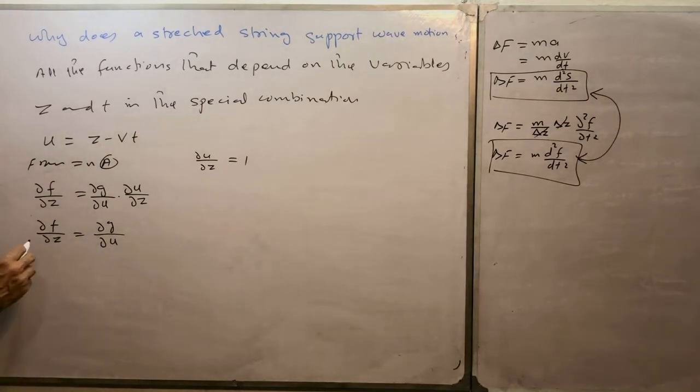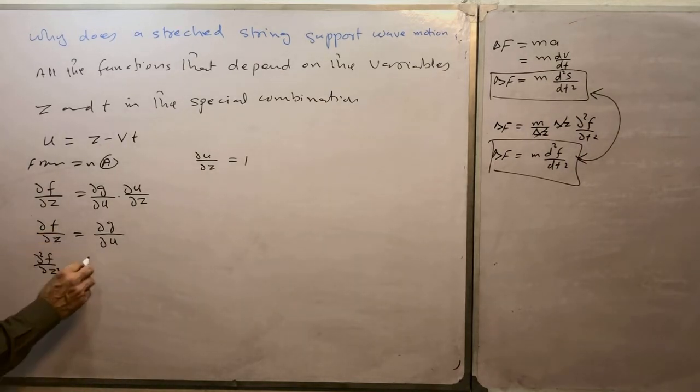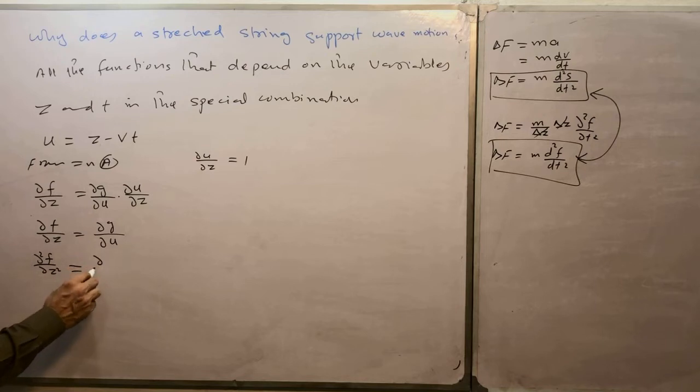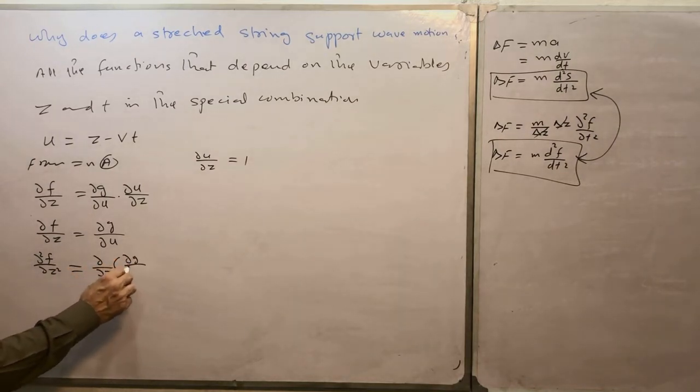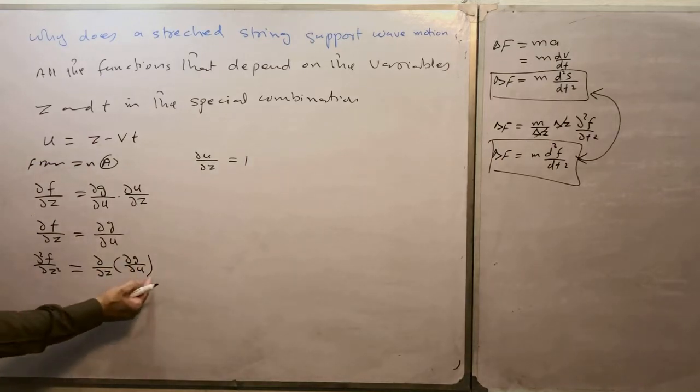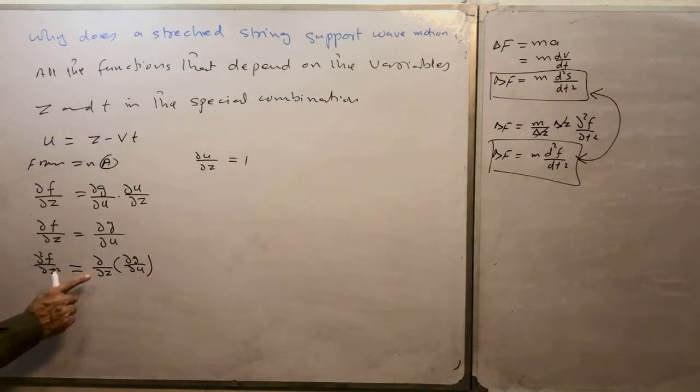And if I again differentiate partial square f divided by partial z square, then we have the same situation: partial divided by partial z and partial g divided by partial u, and interchange the denominator partial z with partial u.